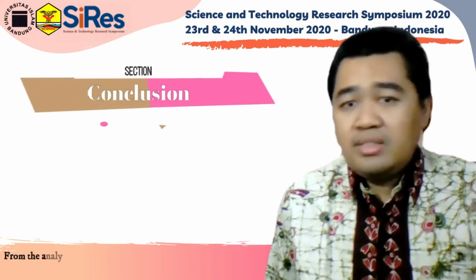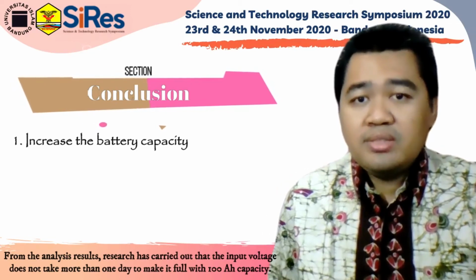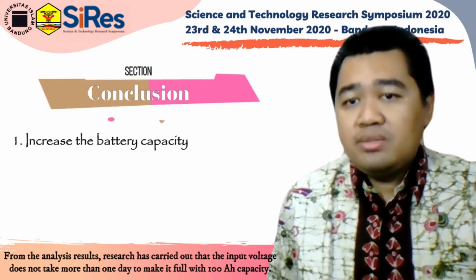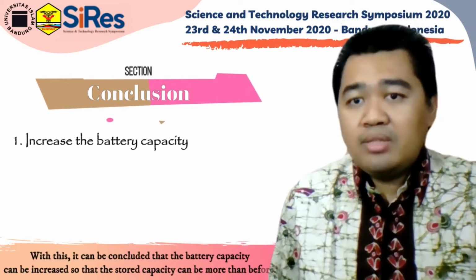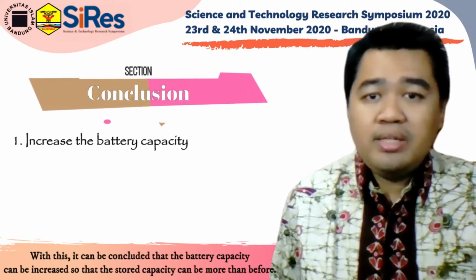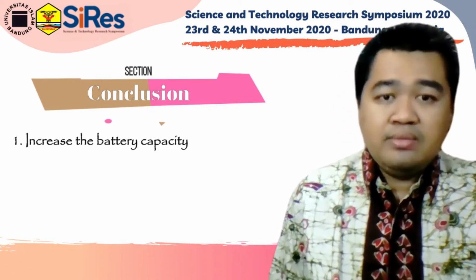From the analysis results, the research has found that the input voltage does not take more than 1 day to make the battery full at 100 ampere-hour capacity. With this, it can be concluded that the battery capacity can be increased so that the storage capacity can be more than before.